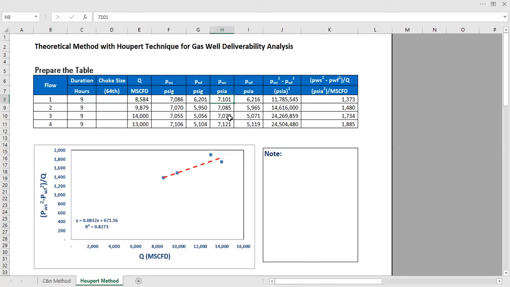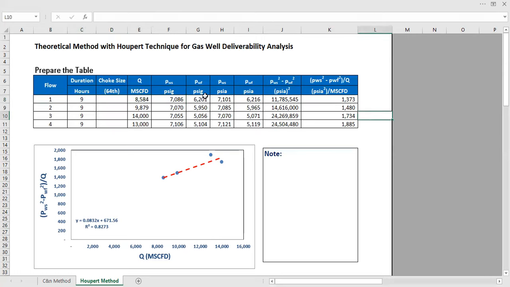During the flowing period, I also measure the flowing bottom hole pressure, and the pressure is 6,216. From the psia, I just compute back to get the psig. This is just for convenience.